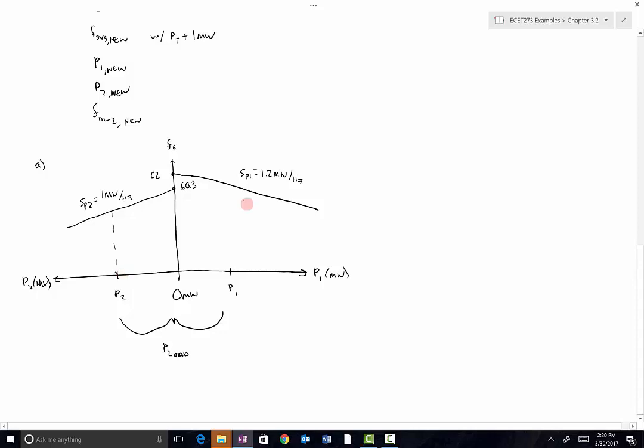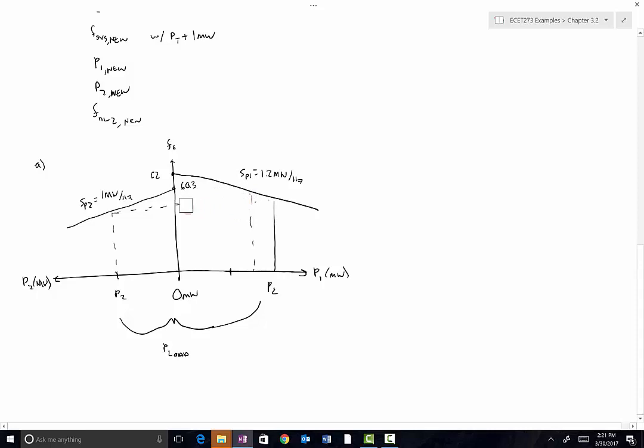So if I had drawn these correctly, which I didn't, if we drew this line straight across here, like that, P1 plus P2, that's where those lines will intersect. Sorry it's a little messy.